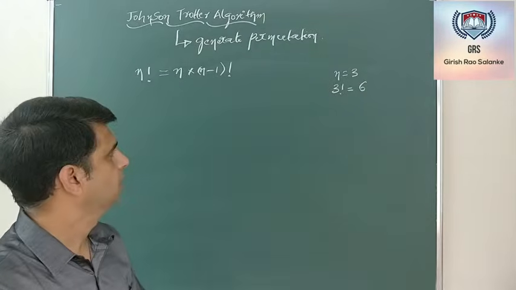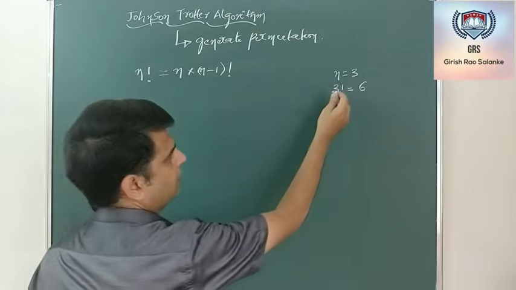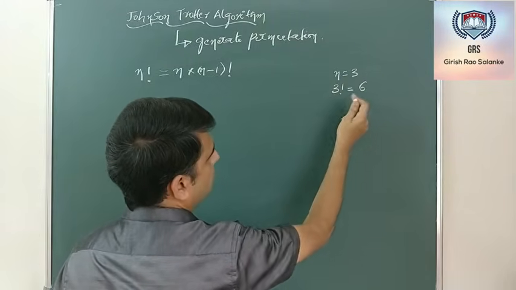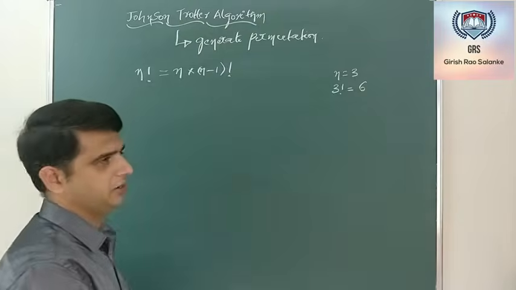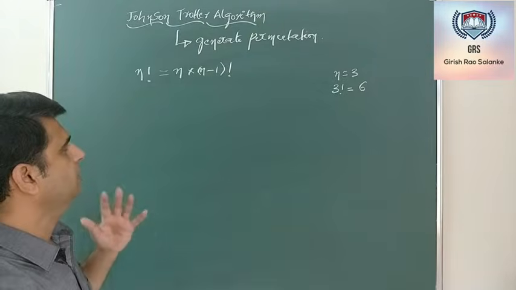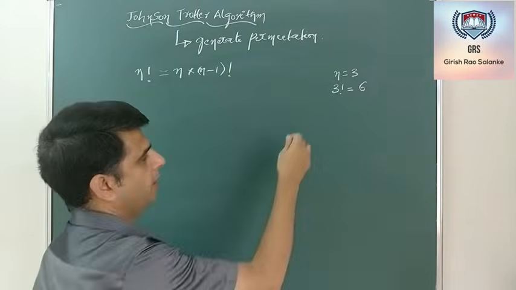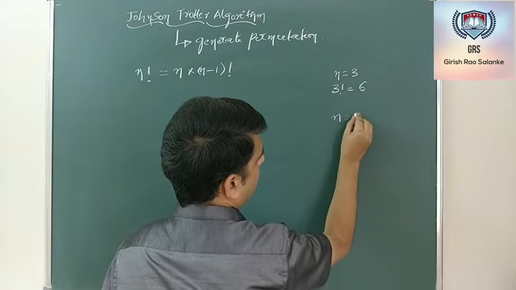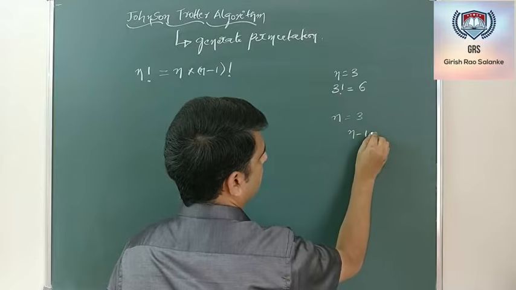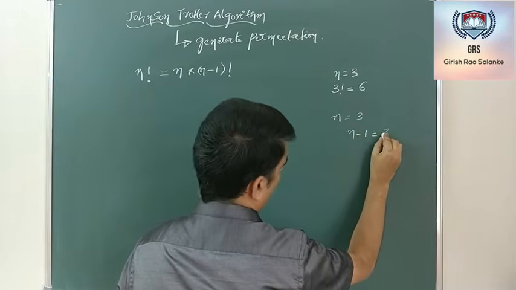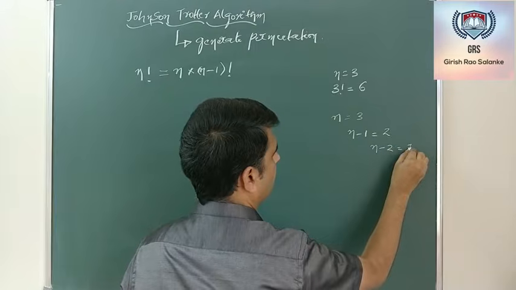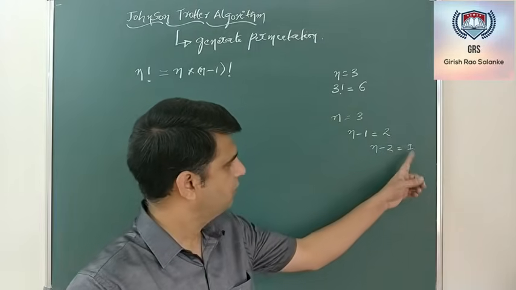In the sense, as we know, I'll take the example of 3 factorial, that is my objective is to generate 6 different permutation. Now, let me start with the smaller instance of the problem. My problem size is n. Now, n is 3. Now, what is the value of n minus 1? n minus 1 is 2 and n minus 2 is 1. Now, if you see, this is the smaller instance.